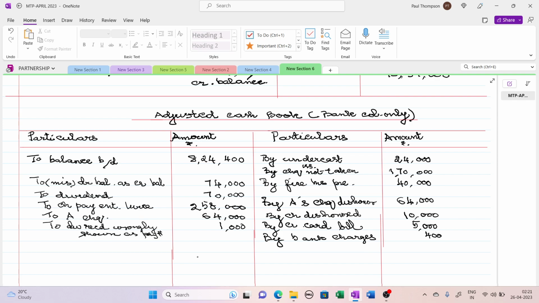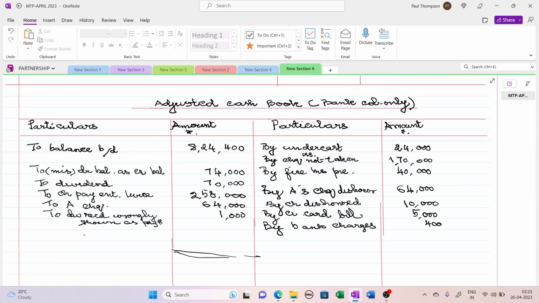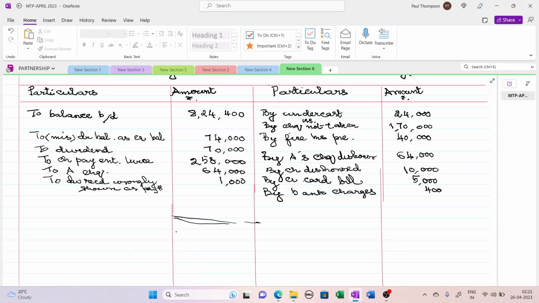If you add this side 8,24,474.70 and 2,58,000, 64,000 and 1,000, we get a total of 12 lakh 91,000 400. So we have to copy the total to the other side.